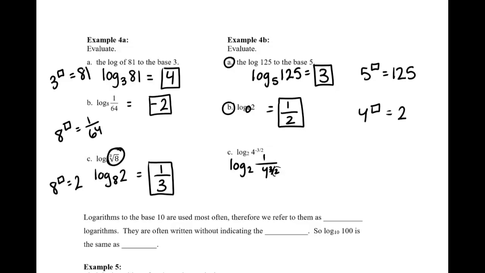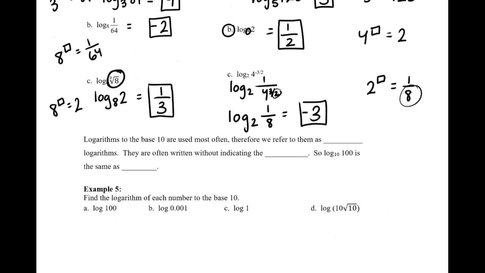The square root of 4 is 2, and 2 to the 3rd power is 8. So this is really log base 2 of 1/8. So we're looking at 2 to what power equals 1/8. Since 2 cubed is 8, but it's on the bottom of the fraction, the denominator, it's actually negative 3 for our answer.